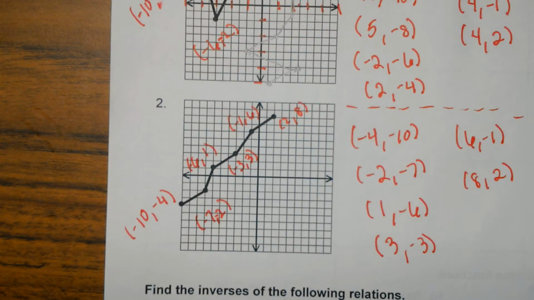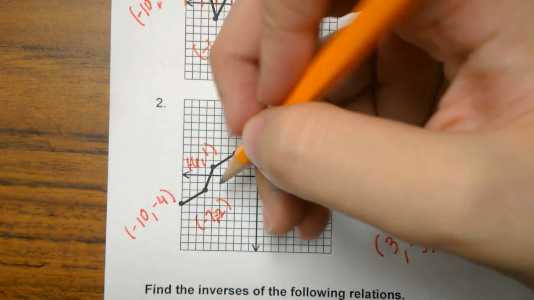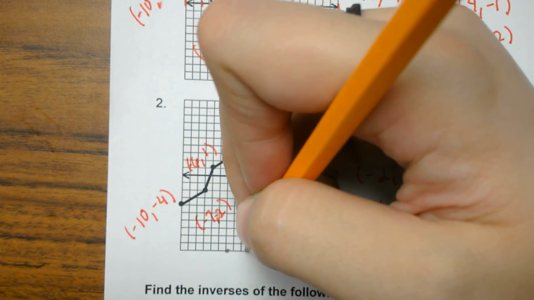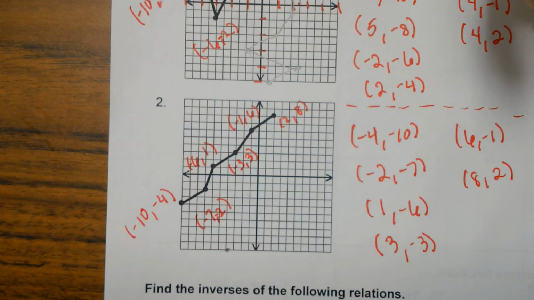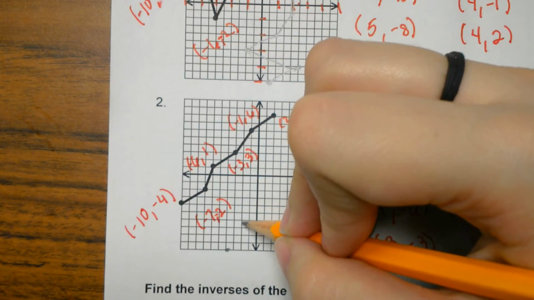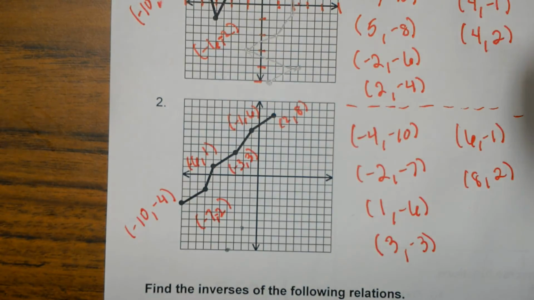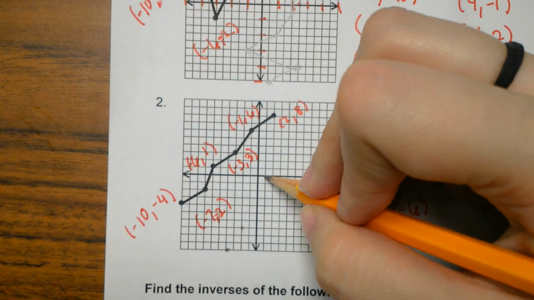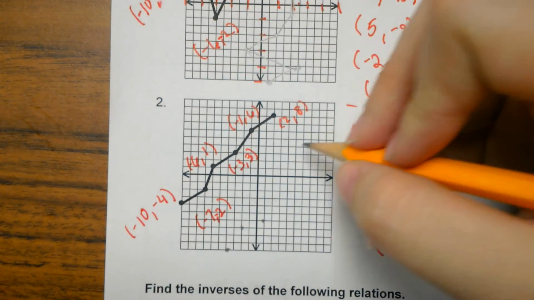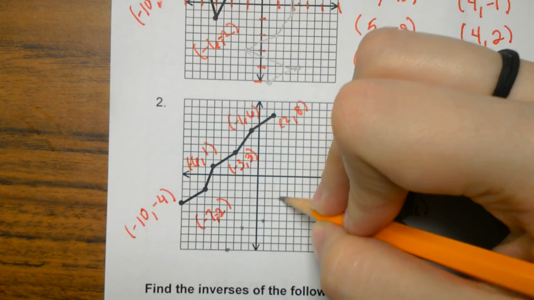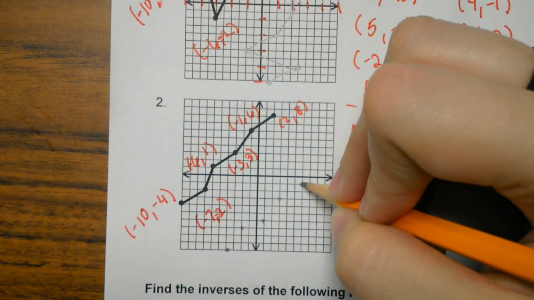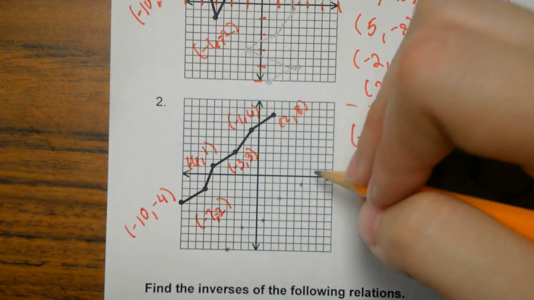So negative 4, negative 10. Negative 2, negative 7. 1, negative 6. 3, negative 3. 6, negative 1. Then 8, 2.